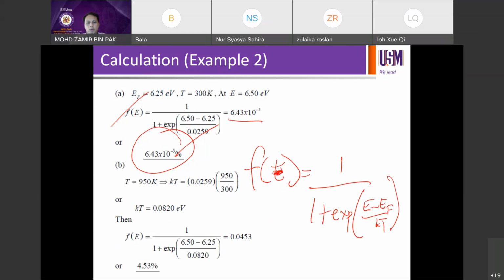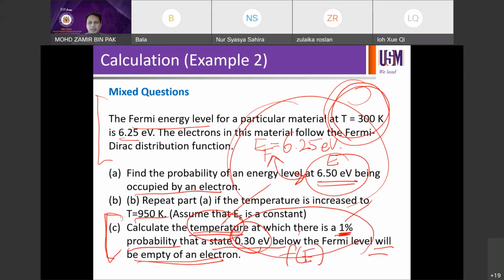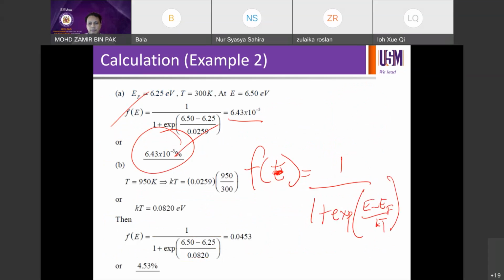So when you increase your temperature, what is changed in this equation? When you increase your temperature, the very first thing before you do all the calculations, what is the obvious change in this equation? What parameters have changed? Anyone?